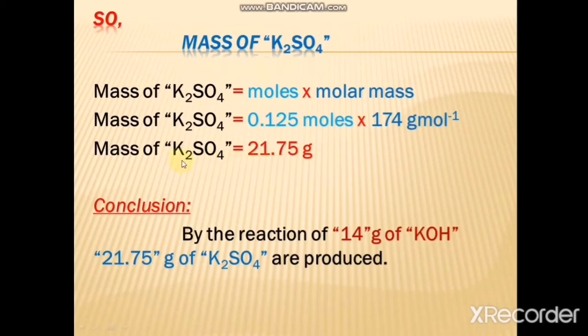After multiplication, the mass of potassium sulfate produced from 14 grams or 0.25 moles of potassium hydroxide is 21.75 grams. So by the reaction of 14 grams of potassium hydroxide, 21.75 grams of potassium sulfate are produced.